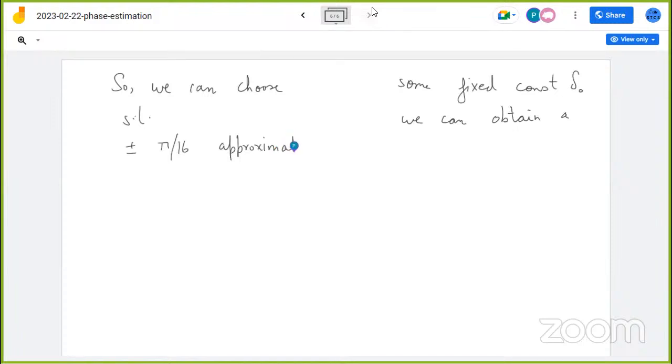In this, there is a wrap around for angles. My notion of approximation is that if I take my measured value and draw the arc of pi by 16 in each direction, then theta lies there with probability at least 1 minus 4 e to the minus t delta naught.